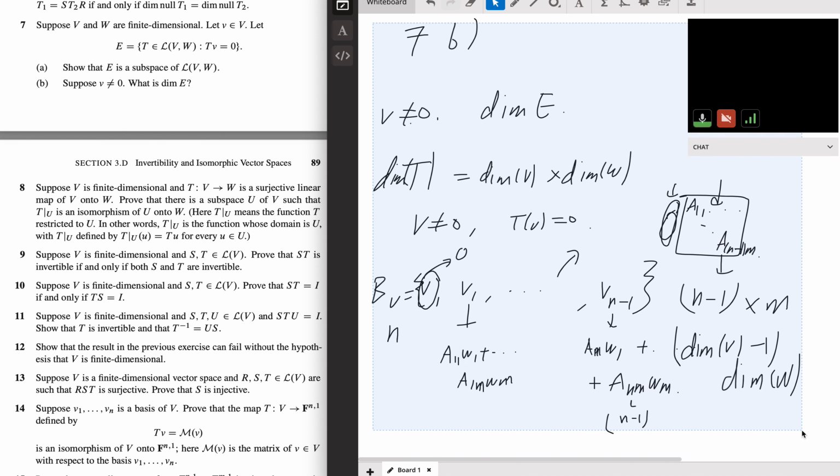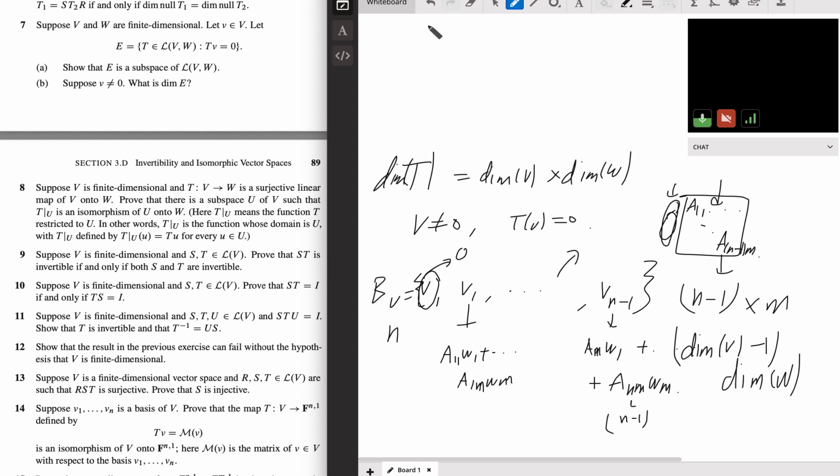Of course, if you would like to be more formal, you wouldn't like to use this kind of shenanigans, you can use the rank-nullity theorem, and that's just fine, I think. Because let's say that, can you use the rank-nullity theorem?